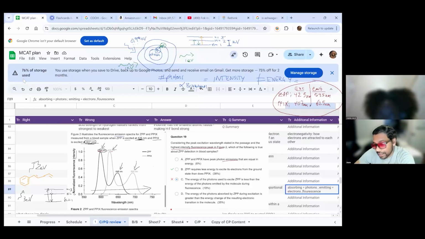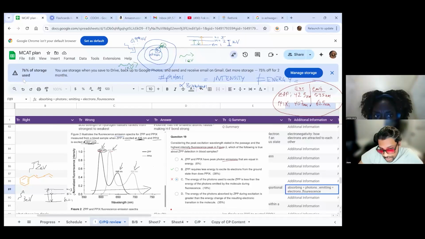Yeah, this could be a good way of killing two birds with one stone, because this way you can tell me what these correspond to, and then you can see the difference between the excitation and the emission. So A would be what? The emission side?